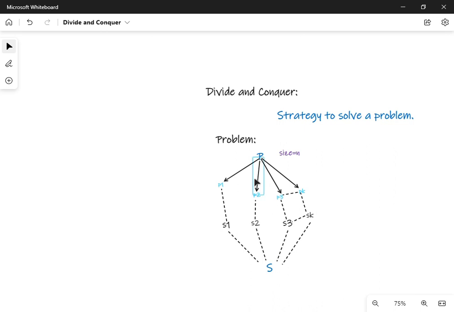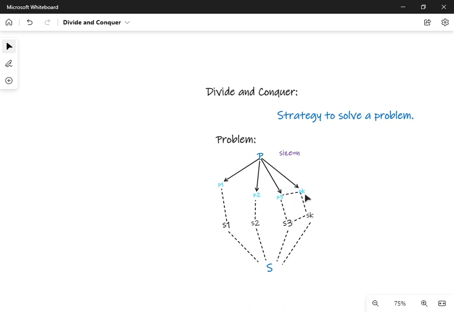Then we have to solve the subproblems. We don't have to solve the main problem first. First we should solve these subproblems that we broke from the main problem. Now we solve P1, the solution becomes S1. Then we solve P2, the solution becomes S2. We solve P3, the solution becomes S3.